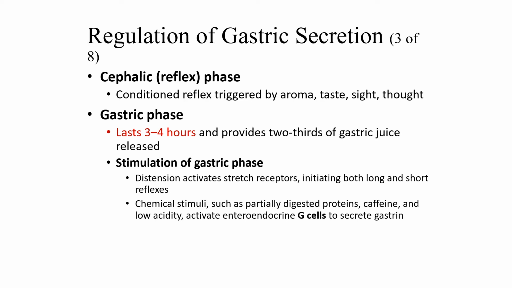food, nutrients in your stomach, caffeine, low acidity, these are going to activate the hormone G cells, we'll just say the hormone cells, to secrete gastrin.